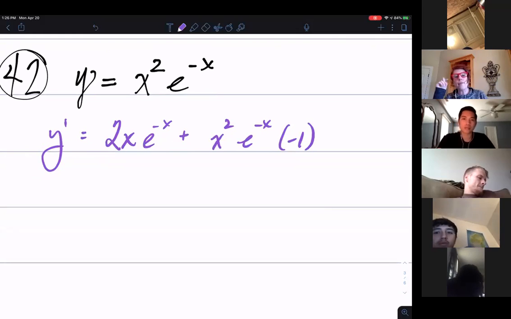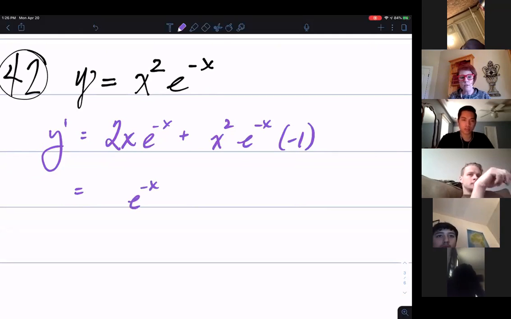All right, so at this point then, remember that all the way back from chapter 3, factored form is best. So let's look at these two terms. Do we have a GCF? Yes, e to the -x. Okay, that is a CF, but it's not a GCF. There's more. You do have an e to the -x.